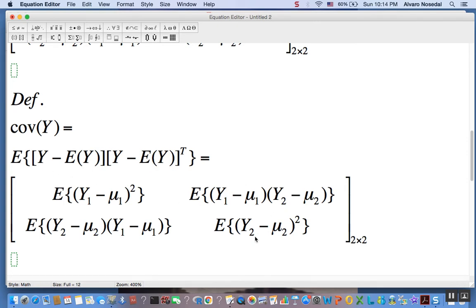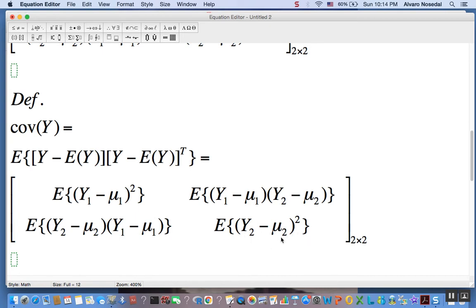So you know, the expected value of a random matrix is defined in a similar way. It's just the expected value of its elements, and its elements are going to be random variables. Okay, so from this we can see that the covariance matrix is in this case a 2 by 2 matrix, and that if you compute the expected value of the elements, hey, this is just by definition the variance of y1.